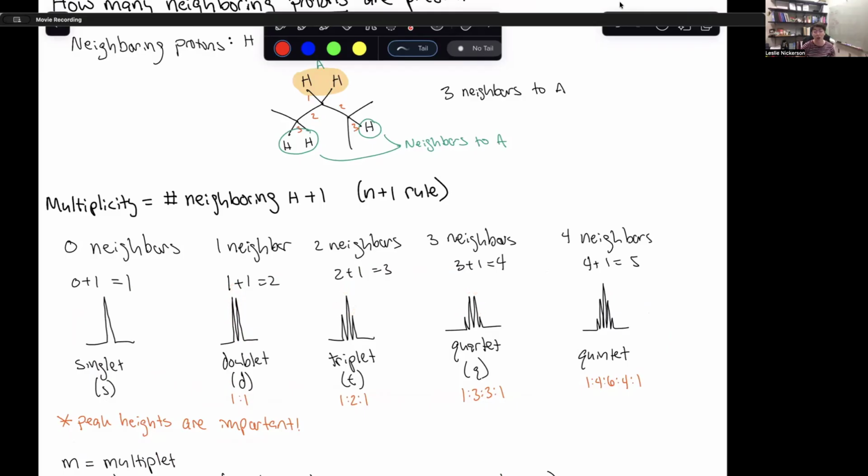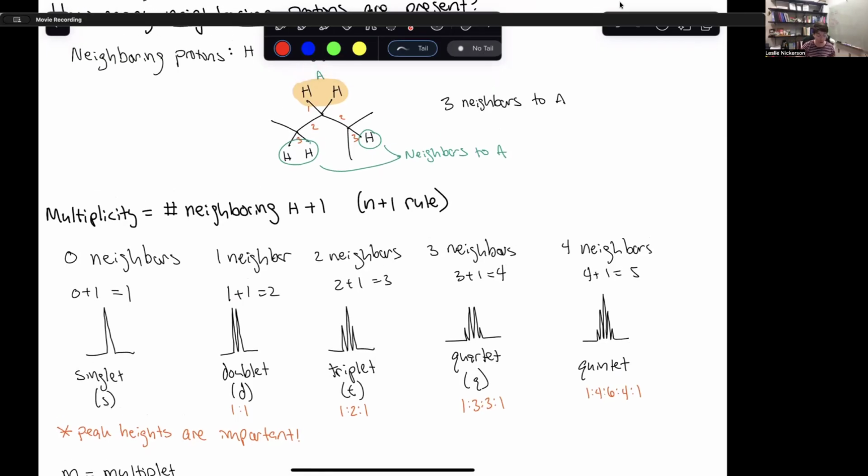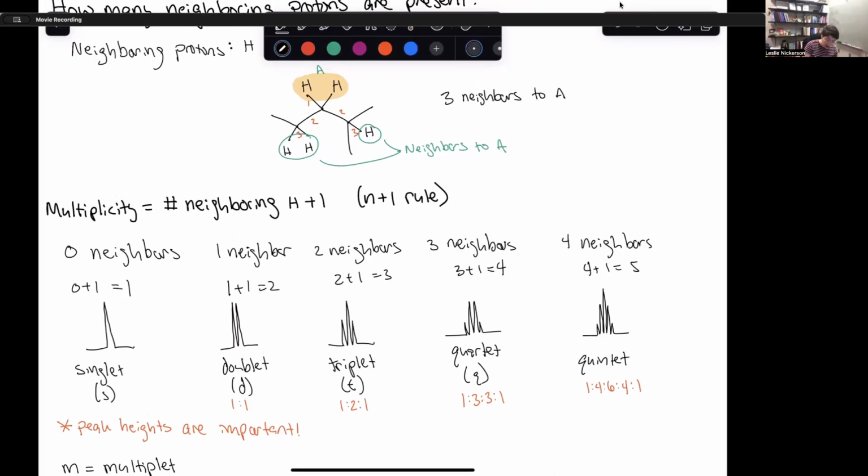That's all coming down to how many possible iterations of aligned and misaligned you have. I recommend looking at the textbook if you want to see that. I'm not going to ask too much about that idea, but keep in mind that a triplet is not a real triplet if it doesn't have that distinctive peak height and shape.